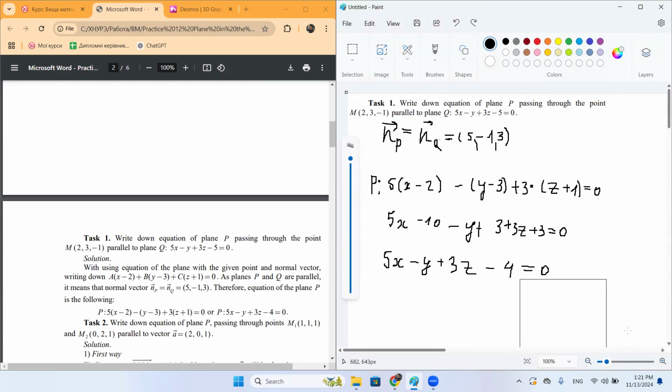In the equation, we have 5x minus y plus 3z minus 5. Where did it go? Now this is a free coefficient of the plane Q. We don't need it. We are writing down for the plane P, and the free coefficient for this plane is other. Okay, minus 4, thank you.